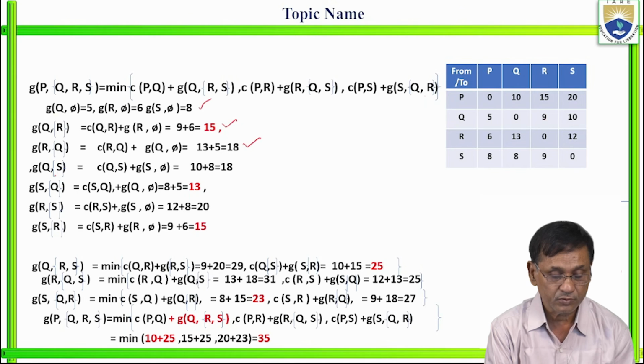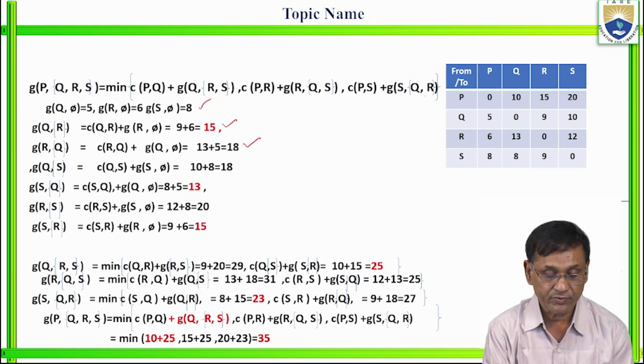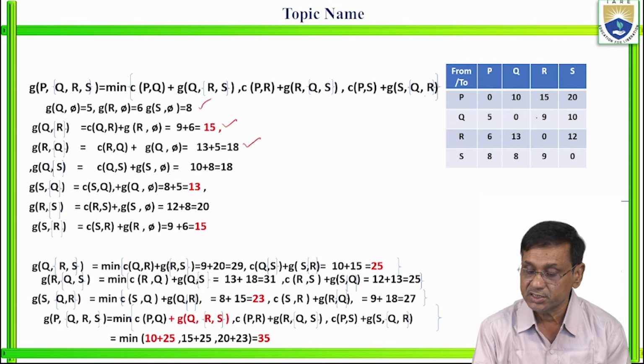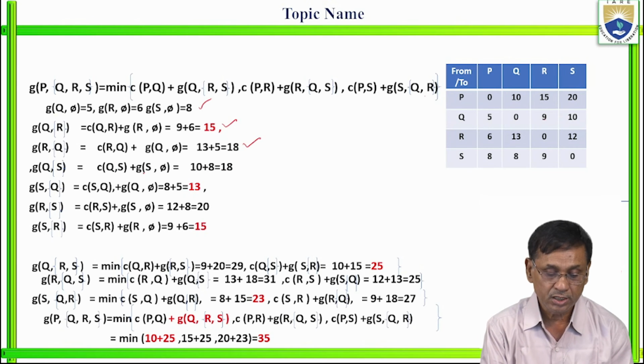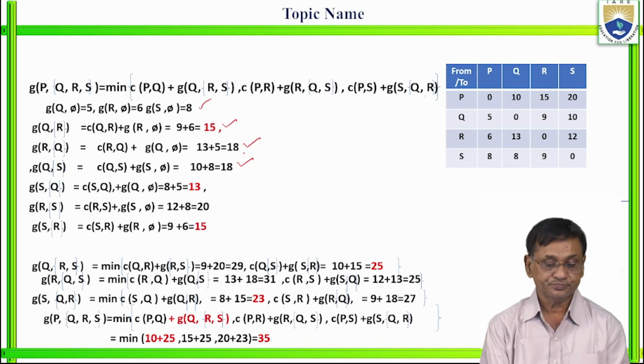Next, the cost of going from Q to the set of vertices S is equal to the cost of edge Q, S plus the cost of going from S to P, which is 10 plus 8. Q to S is equal to 10 and g(S, pi) is equal to 8. So this is 18.